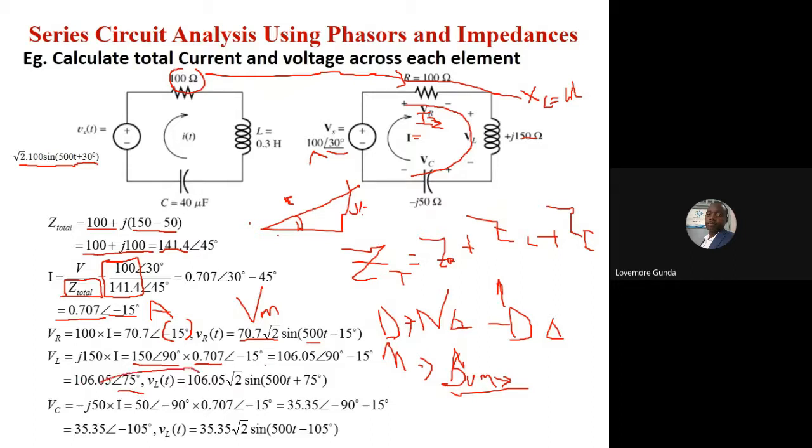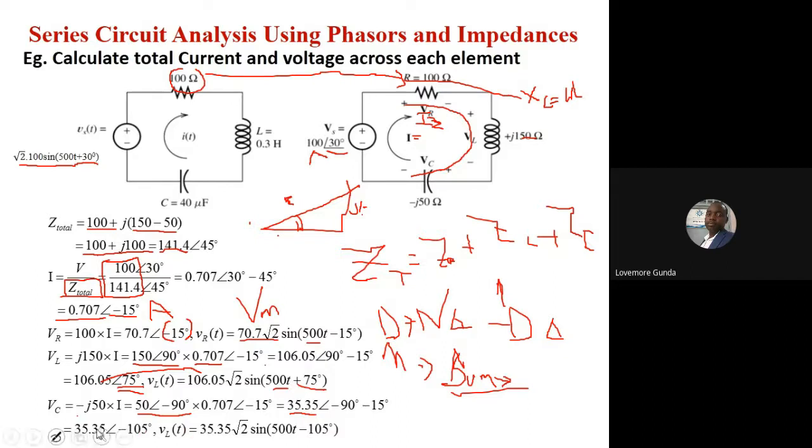In time domain, 106.05 root 2 sine 500t plus 75. Then across C, minus j150 times the current: minus j means 50 at an angle of minus 90 degrees, times that at an angle of minus 15. Then we multiply them straight away, get 35.35 at an angle of minus 90 minus 15, you get minus 105, right?